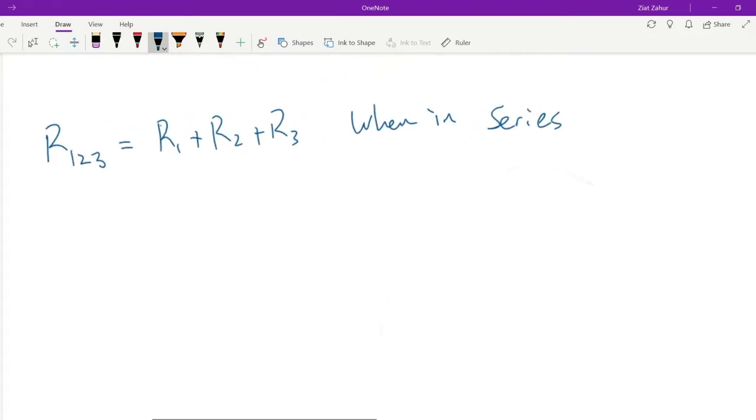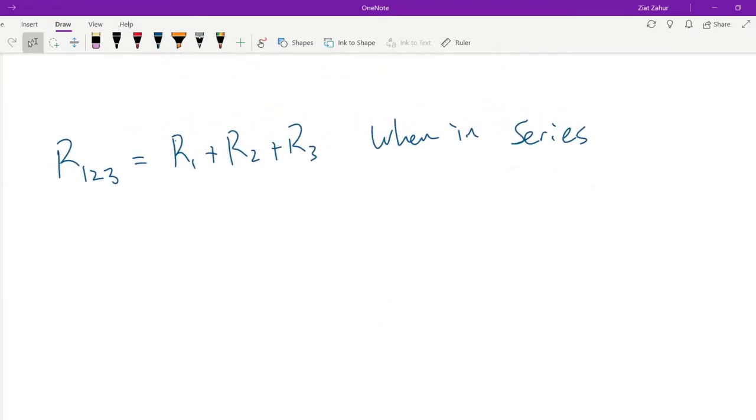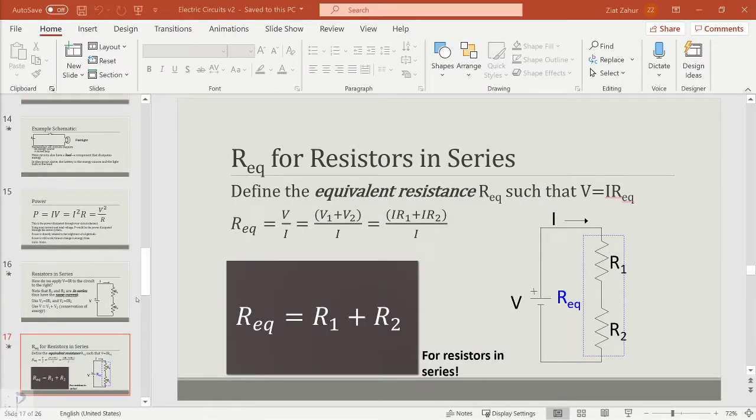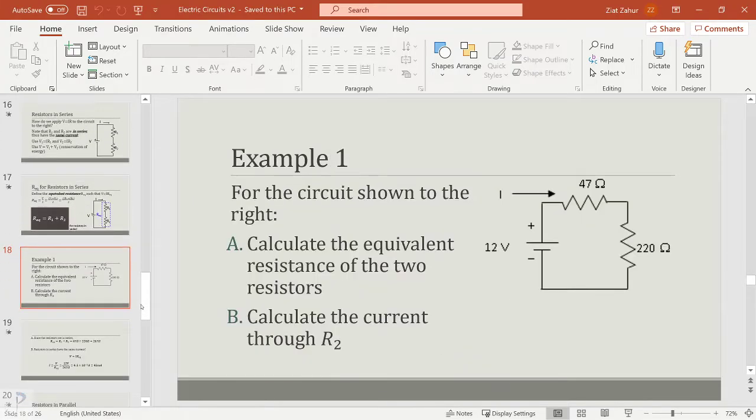Okay. So series is pretty simple. They're all just sum. They just add up. If you want total resistance, you add all the individuals up.